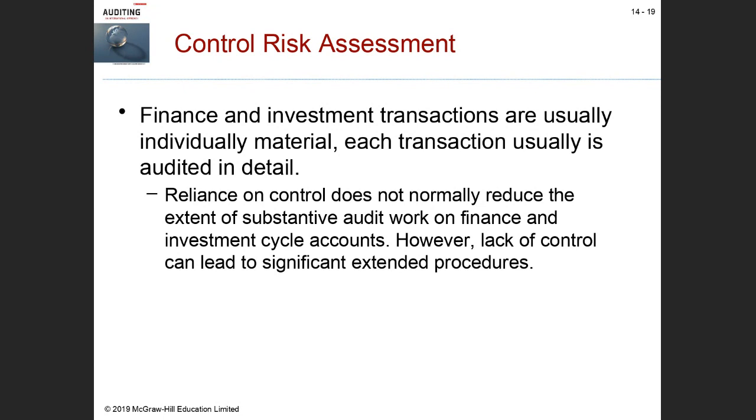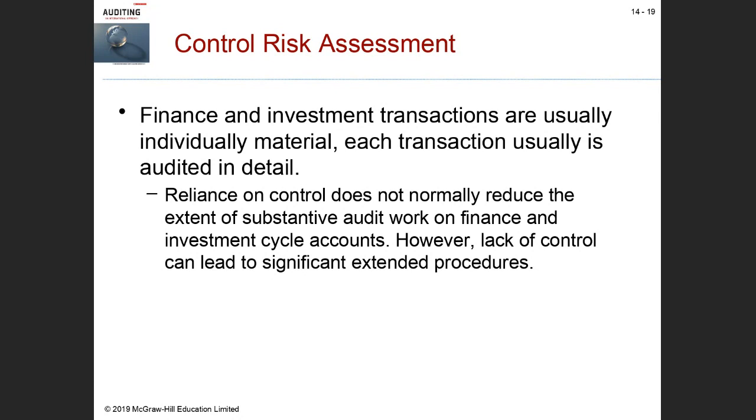So because they're few in number and material, what do the auditors do? Reliance on control does not normally reduce the extent of the required audit work on finance and investment cycles. Even if we relied on internal control, we will probably want to do substantive tests, being tests of detail, normally on the balances, because they're individually material. We can't even have one error in these transactions without affecting the financial statements.